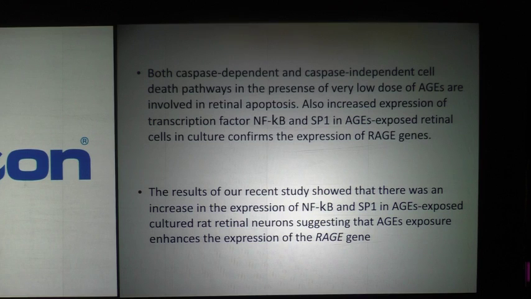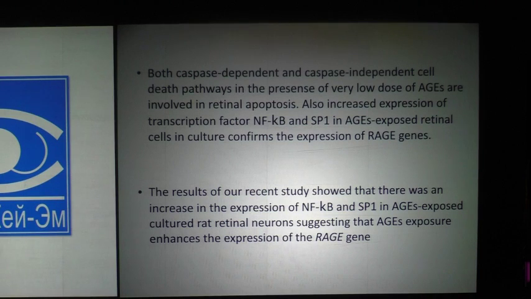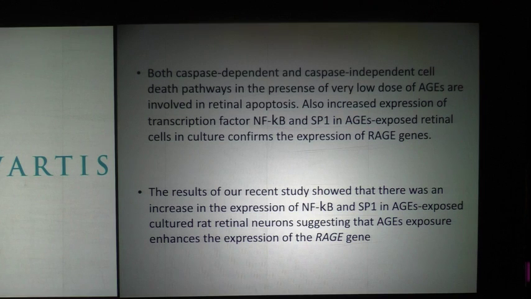Thus, both caspase-dependent and caspase-independent cell death pathways are involved in low dose as well as high dose AGEs-exposed retinas. And we found that the expression of transcription factors NF-kappa-B and SP1 in AGEs-exposed retina confirmed that the receptor of advanced glycation end products is expressed in the neuronal cells exposed to advanced glycation end products.